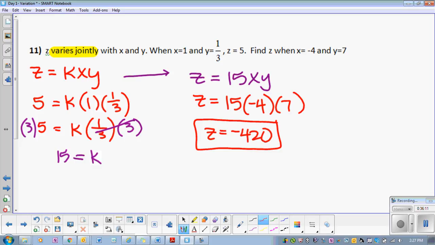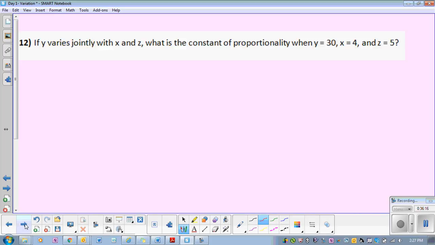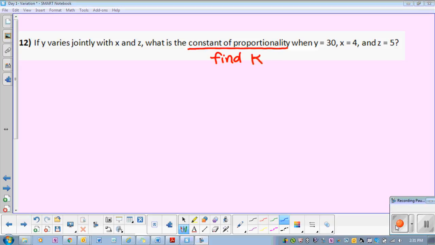So let's try number 12. All they want you to do is find the constant of proportionality, so you don't even have to do the second step. Just find k. Number 12 says, y varies jointly with x and z.